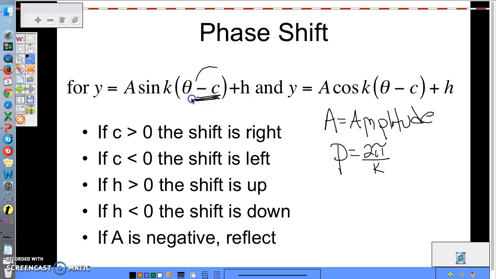So these are still the same as translating from last semester. They are the opposite here.